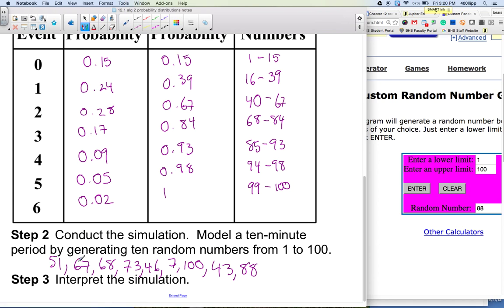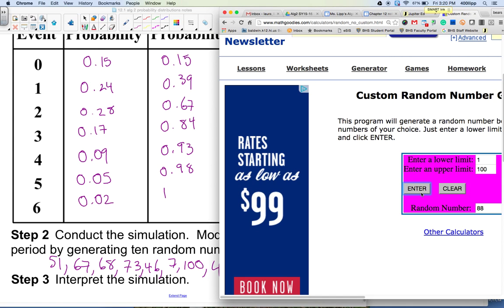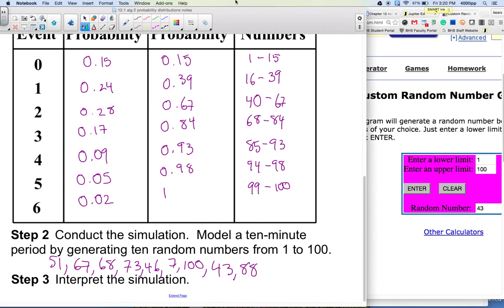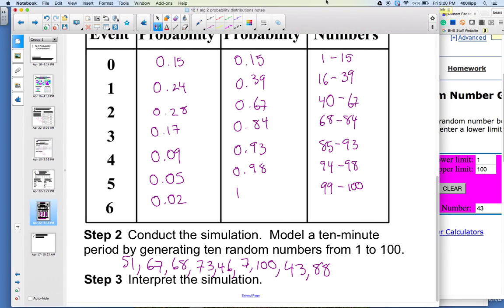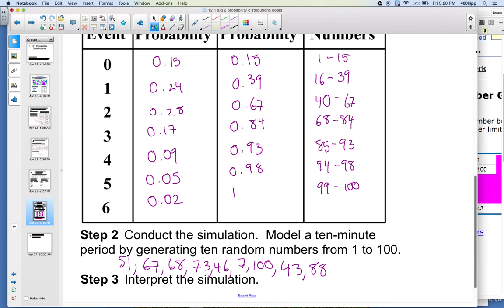See how many we got here. 2, 4, 6, 8, 9. One more. And 43.